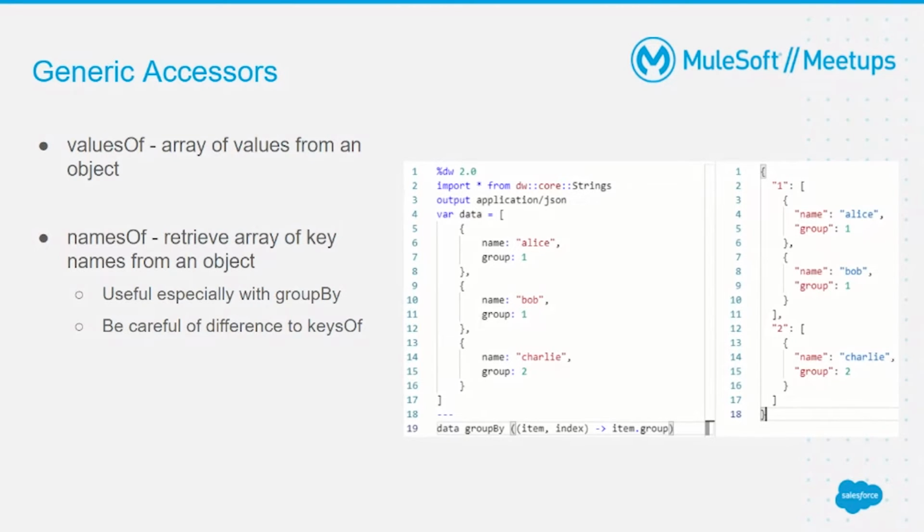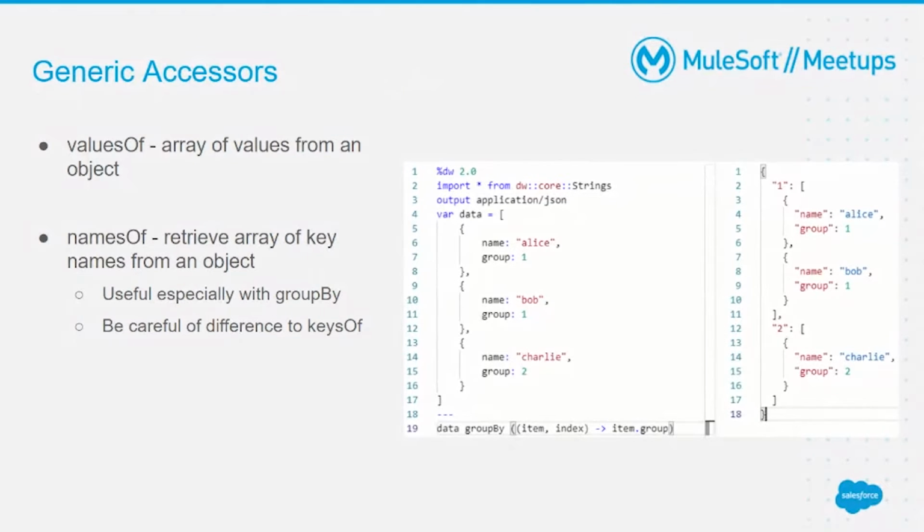In DataWeave, there's always a couple to a dozen ways of doing any specific thing. So you can do this in multiple different ways, but it is useful to be able to take those values out of the key names and back into an array for you to manipulate. That's sort of the most common case I've used namesOf for.